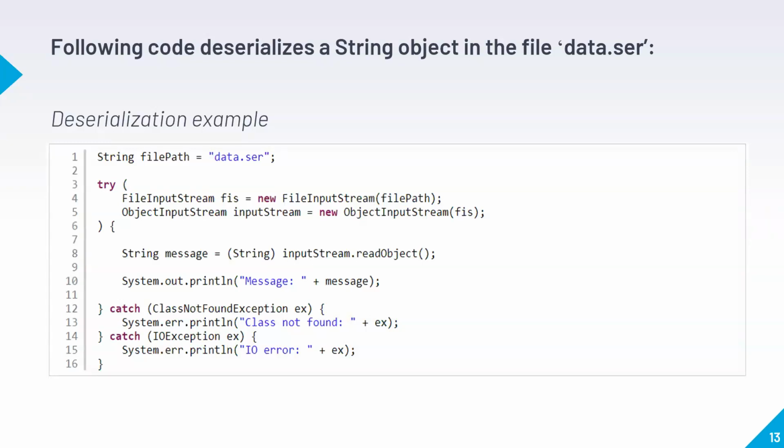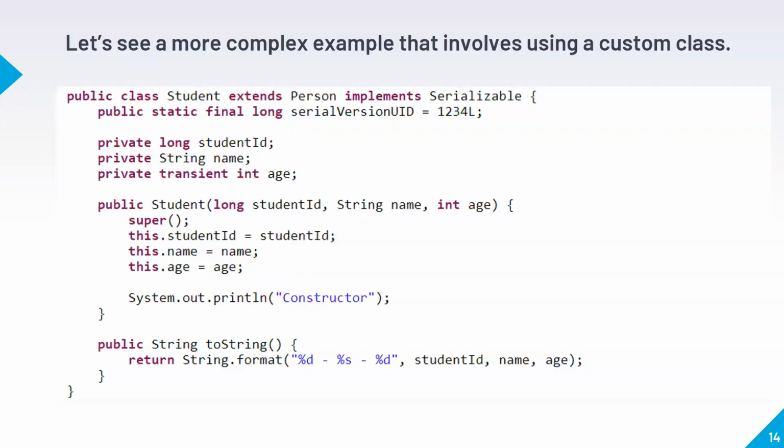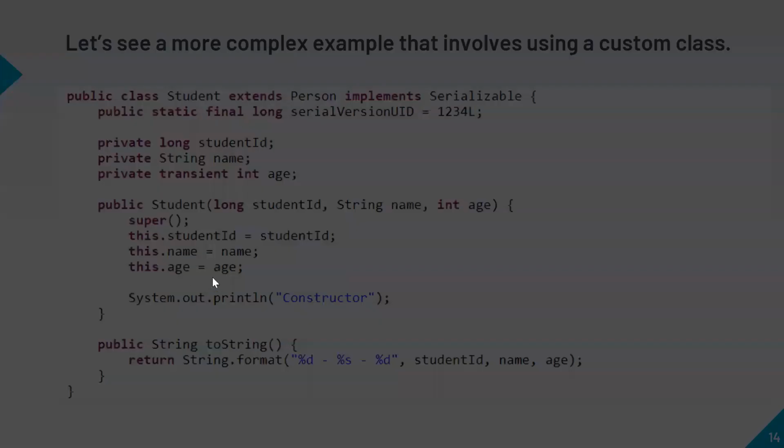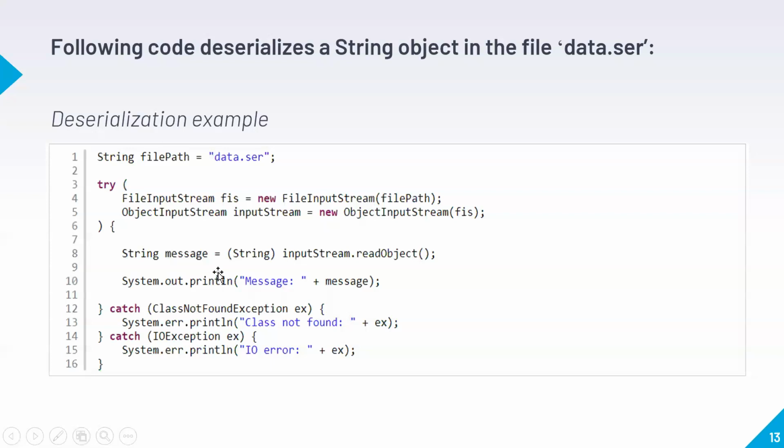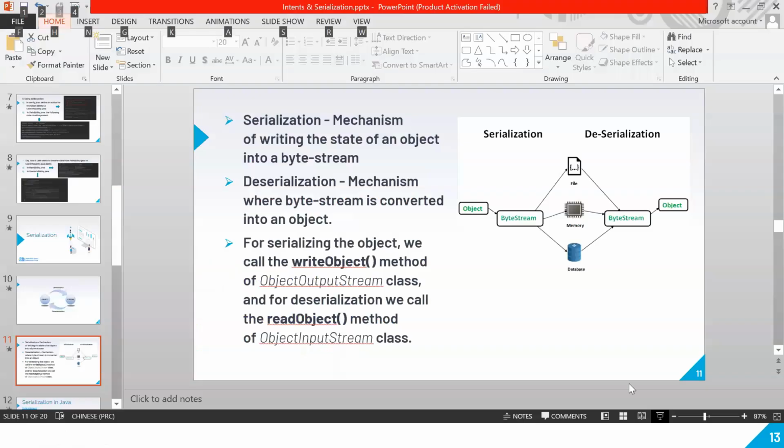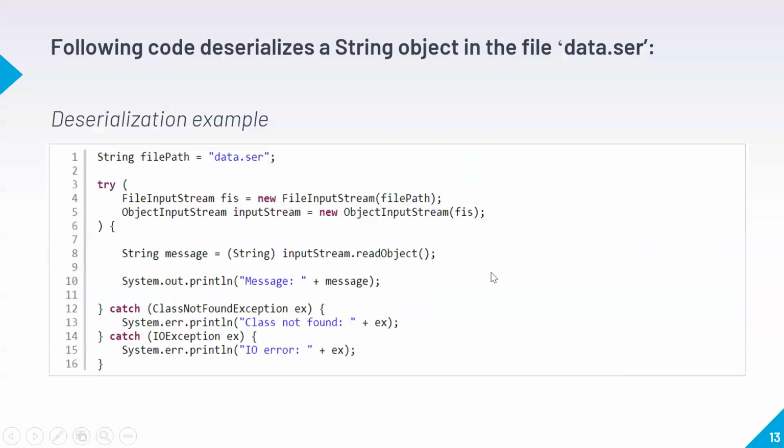Got it? So let's see a slightly more complex example than what we have seen previously. Previously we used a string object. The string object itself is a serializable object. If you see the String documentation in Google, String implements the Serializable interface.